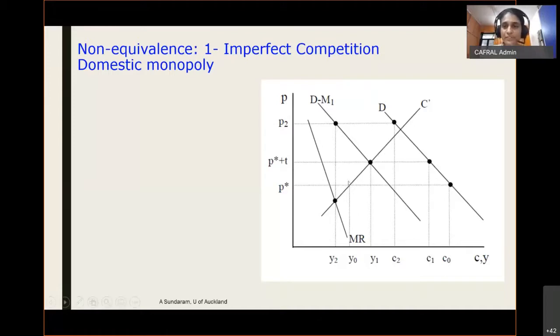You would be better off with a tariff, because with the tariff, the price only goes up to P star plus T, but with a quota, it goes all the way up to P2 because the monopolist is operating on this residual demand curve. Okay. So two things with non-equivalence: difficult to capture quota rents, and with monopolists and imperfectly competitive markets, tariffs are not the same as quotas. Right?